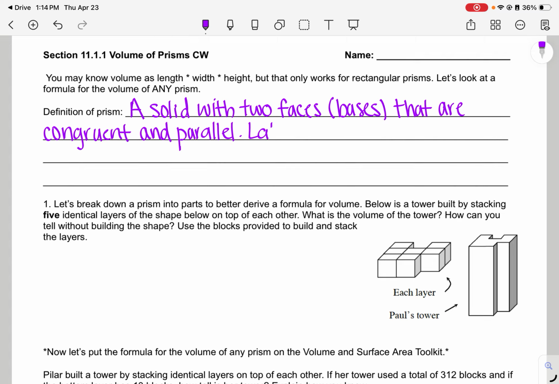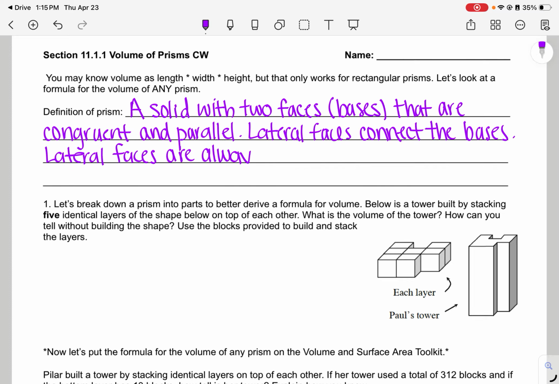Lateral faces connect the bases. We're also going to say lateral faces are always rectangles.